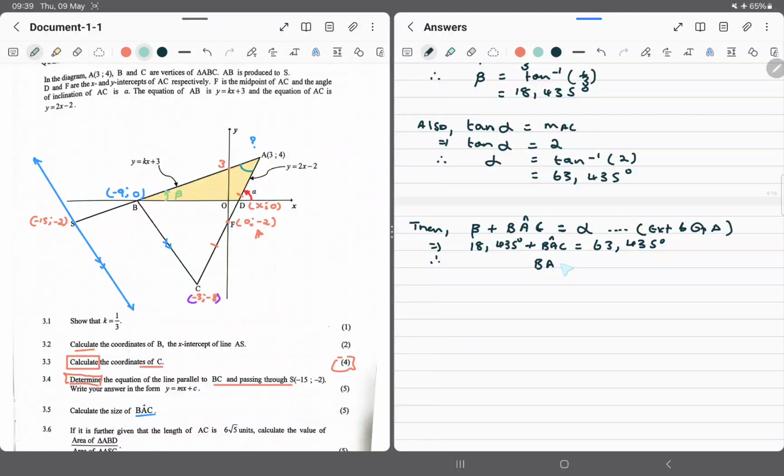Therefore, our BAC becomes 63.435 minus 18.435 degrees. Don't forget the degrees. 63.435 minus 18.435. It gives us 45 degrees.